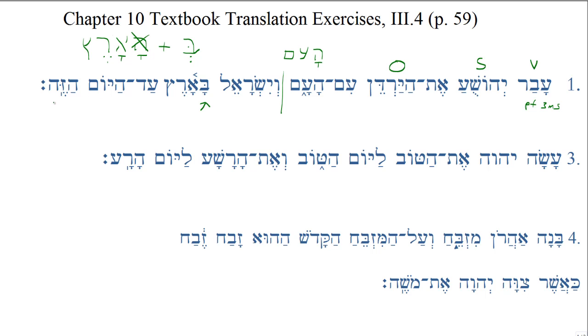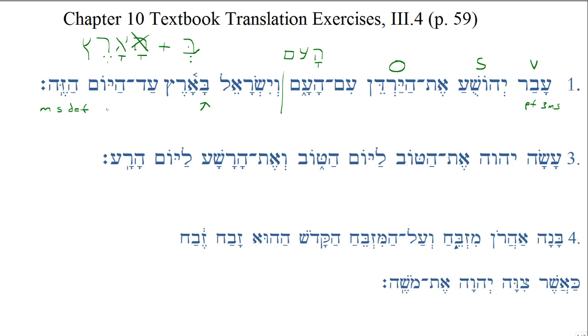So here we have a demonstrative adjective, and it is masculine, singular, and the article makes it definite. To be used as an attributive, it has to match the noun that it's modifying in gender, number, and definiteness. So we have hayom here.